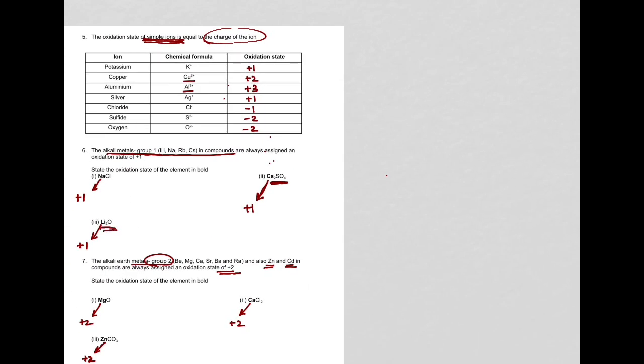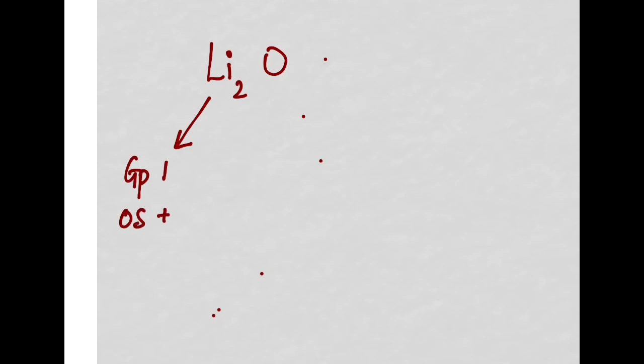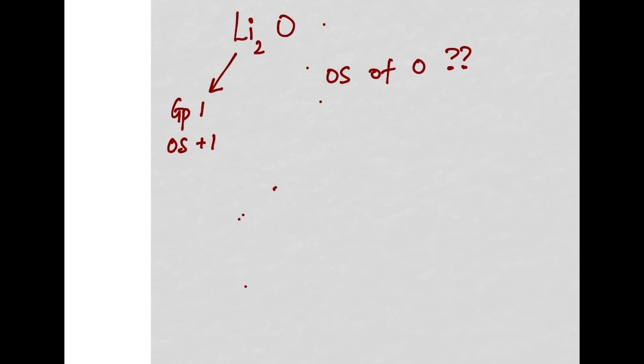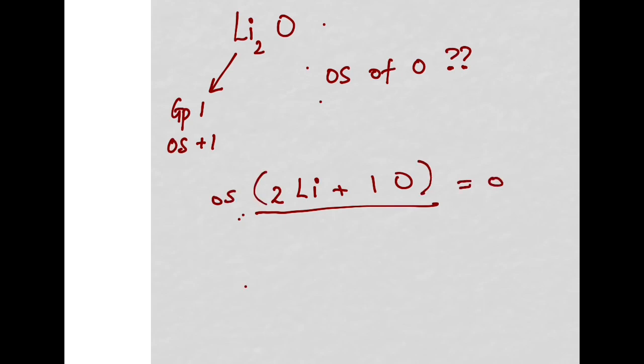Let's take this one, lithium oxide. So Li2O. We know that lithium is in group 1 and has oxidation state +1. Let's try to find the oxidation state of oxygen. Let's say we don't know this. So we have 2 lithium plus 1 oxygen. When you add the oxidation state of all of them, it should give you 0 because it is a compound.